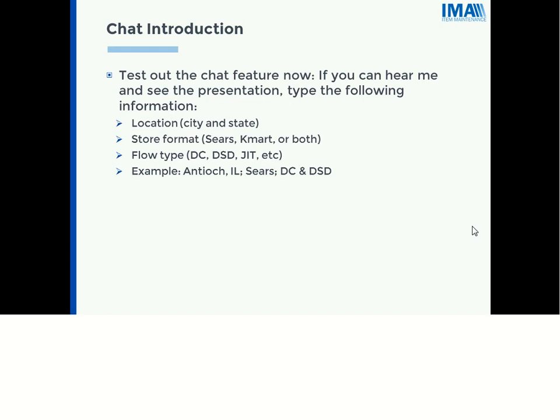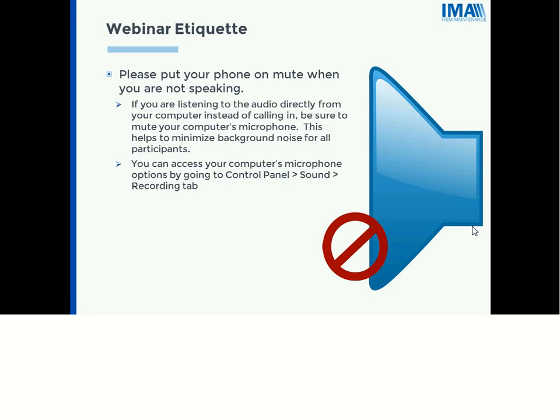So if you could test out the chat feature, if you can hear me and see the presentation, please type the following information: your location, your store format, Sears, Kmart, or both, and your flow type. For example, DC, DSD, or JIT. As an example, Antioch, Illinois, Sears, DC, and DSD. You could go ahead and test out your chat feature. That would be great. We'll come back to this in just a moment.